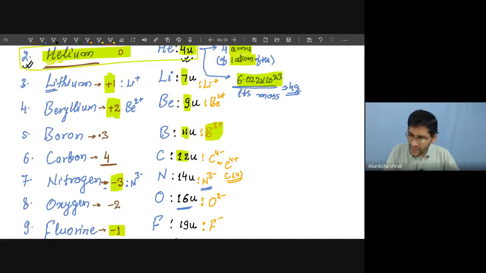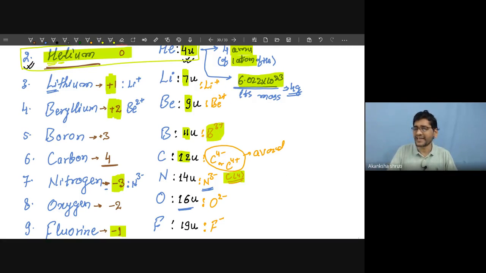Carbon has the mass 12 U or 12 G, and valency is represented by C4. Student, avoid writing +4 or -4, because carbon is not showing positive or negative valency. They are just showing it by sharing. This we will learn later.